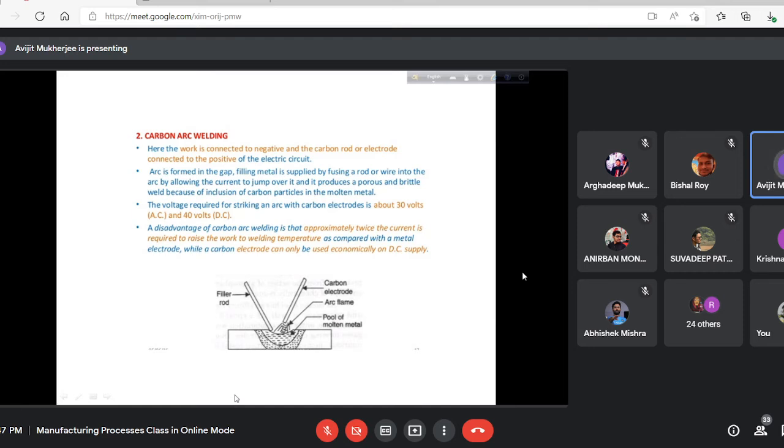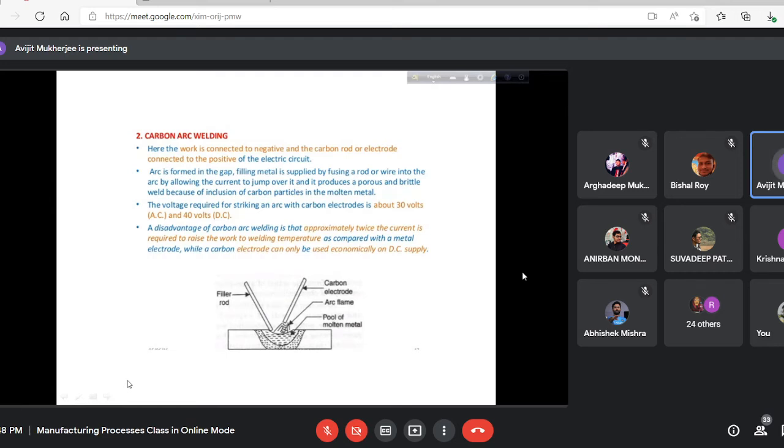As the name suggests, this is also an arc welding. Observe the figure here. This is the base metal, this is the molten pool, and here a carbon electrode. We had mentioned electrodes, either bare wire or coated electrode.